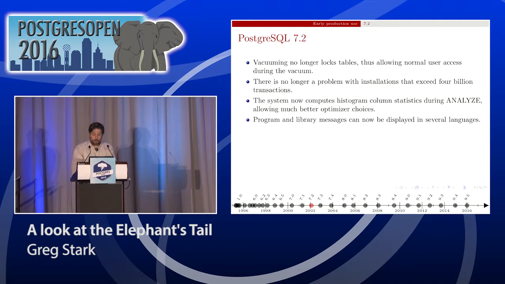That's actually a fascinating bit of code to read if you're interested. The release note boldly claims that now vacuum is no longer a problem. So the later slides might make you doubt that.